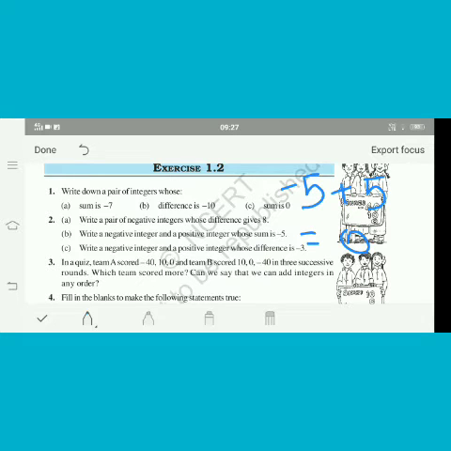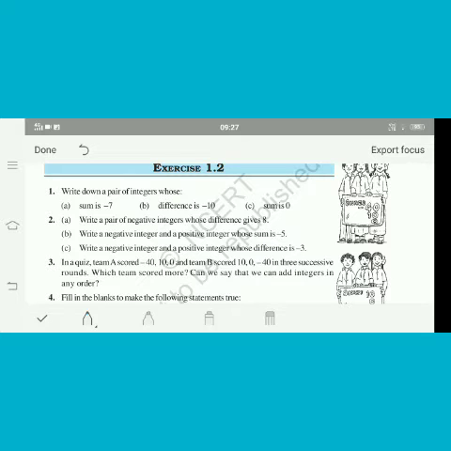So 0 is not a positive number and not a negative number, so it does not carry any sign. Okay, if you give a minus sign or plus sign in it, then it will be also a big 0 in exam.